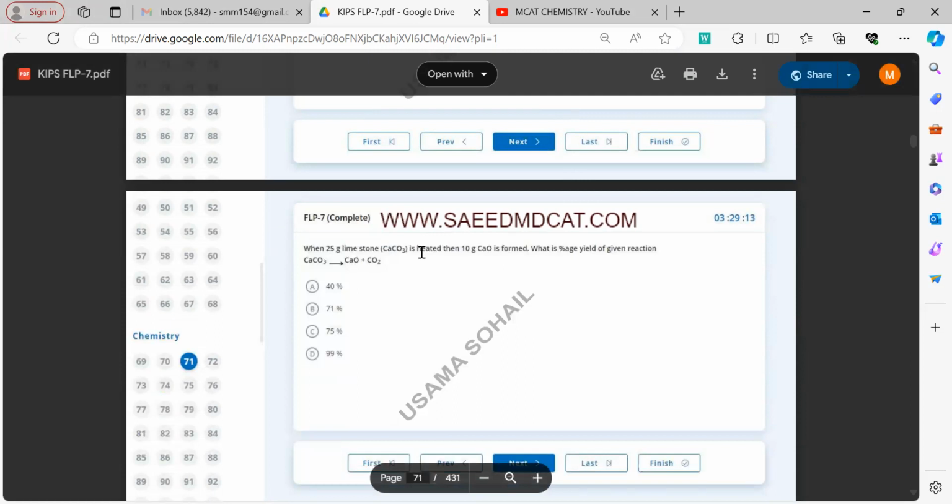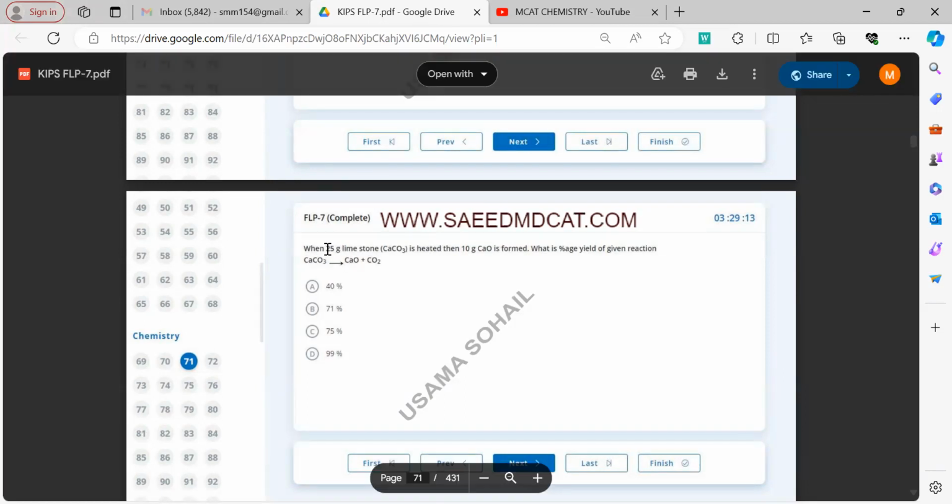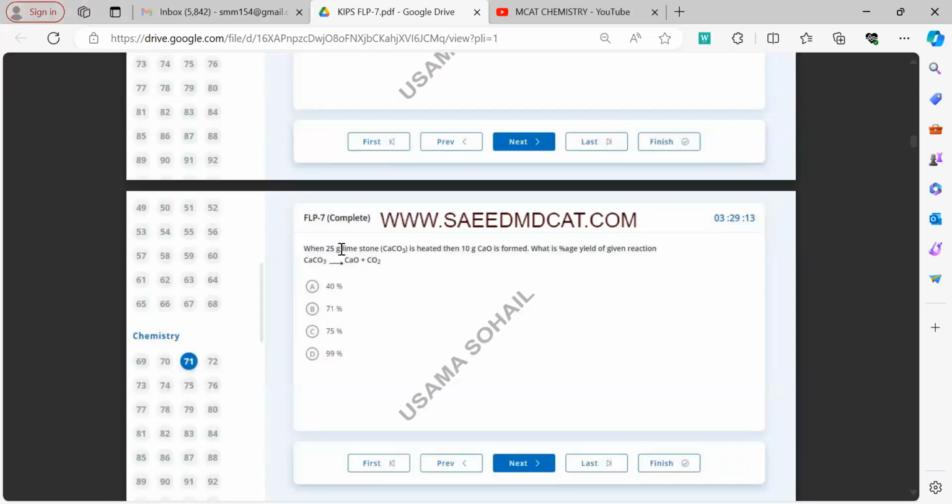Now in this question, they've asked us the percentage yield. The percentage yield is calculated by the formula: actual yield divided by theoretical yield, multiplied by 100. I've already told you that the actual yield is always less than the theoretical yield. So what we'll do is calculate the moles of calcium carbonate, which will be 25 divided by 100, about 0.25.